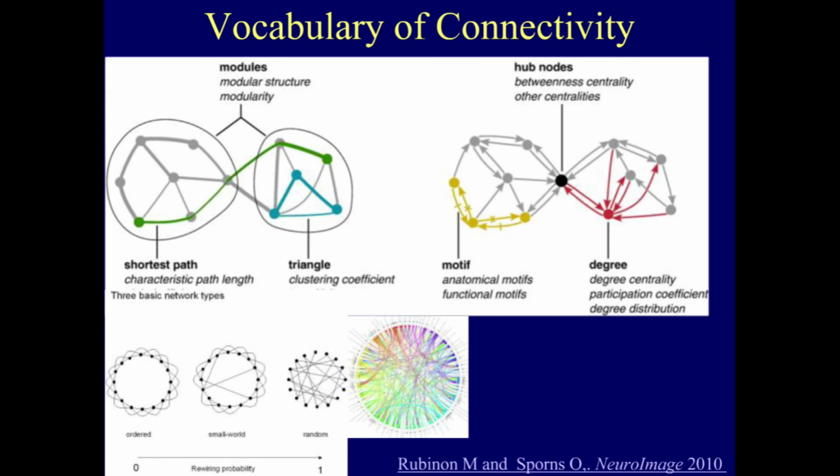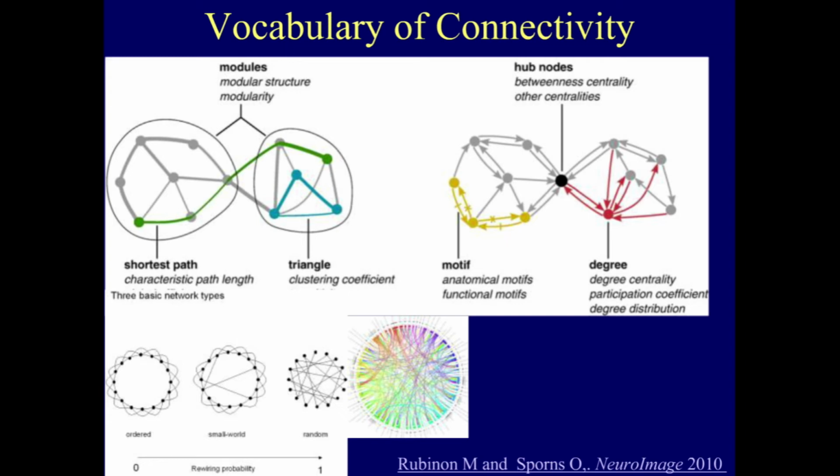One also has hub nodes, which are between these regions, and that is the betweenness centrality or other centralities. One can look at the motif, which is the anatomic or functional motif in the back and forth movement of this activity, and the degree, or the degree centrality, which is the participation coefficient of degree contribution.